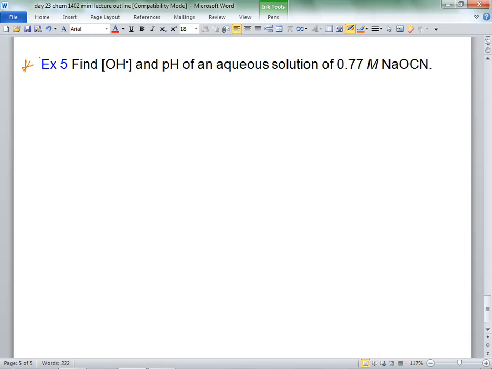So nothing's really changed. Ask yourself whether the solution's acidic, basic, or neutral, and write the corresponding Ka or Kb reaction, depending on what you just determined. Then do ICE.